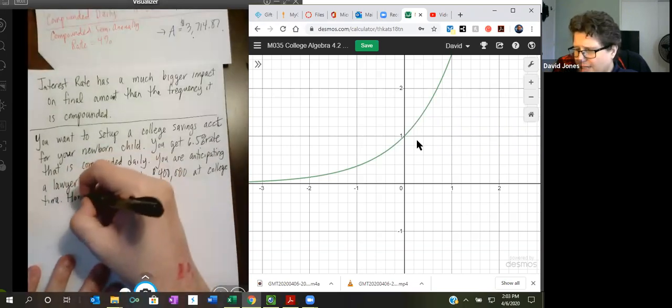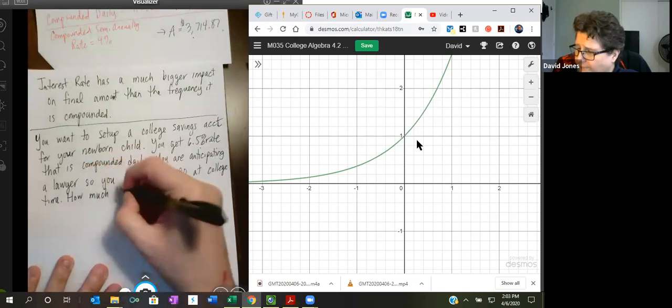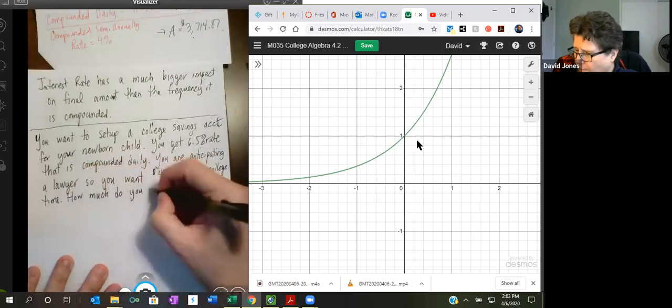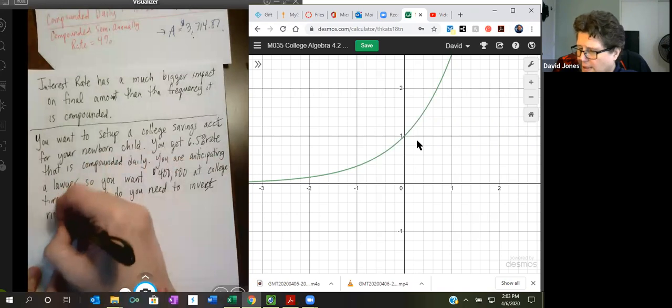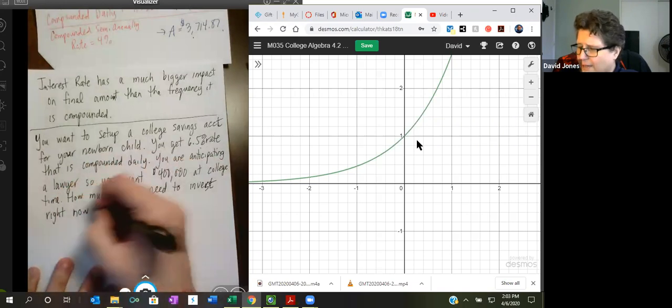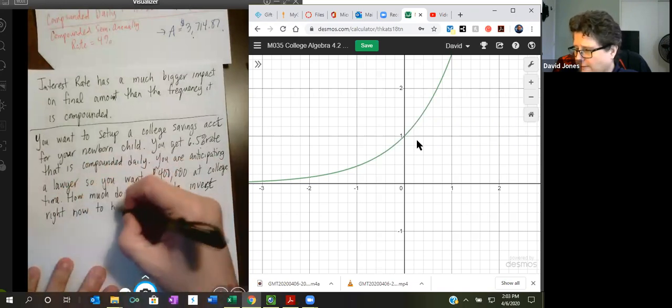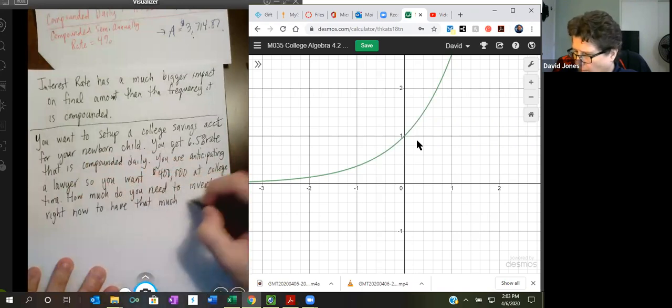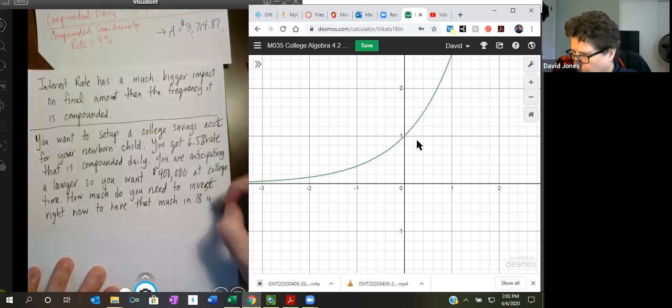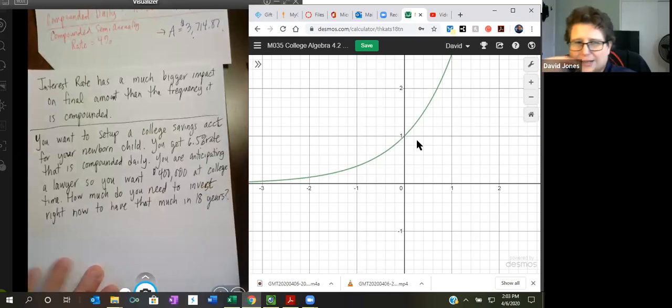How much do you need to invest right now to have that much in 18 years? You actually have a little bit longer because they're not going to burn $400,000 up the very day they go to college. But let's just work out a problem like that.